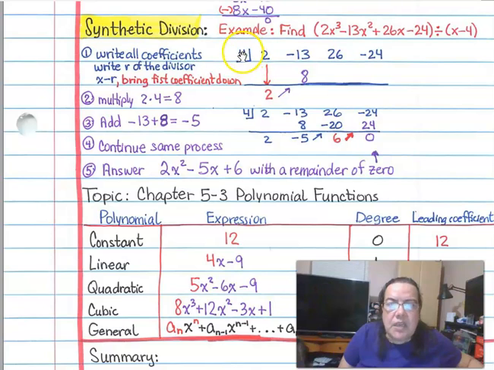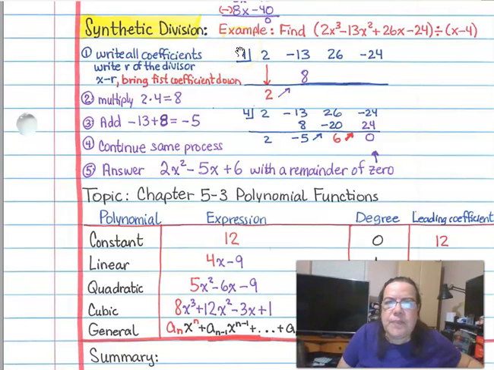What goes out here is the term that is here, but the opposite of it. So if you have -4, then you're going to put a +4 here, okay? Because the rule is you write the r of the divisor x minus r. So if this is x minus r, you already have the minus here, so this is just plain r. That's what you're going to put here, the r, which is your divisor.